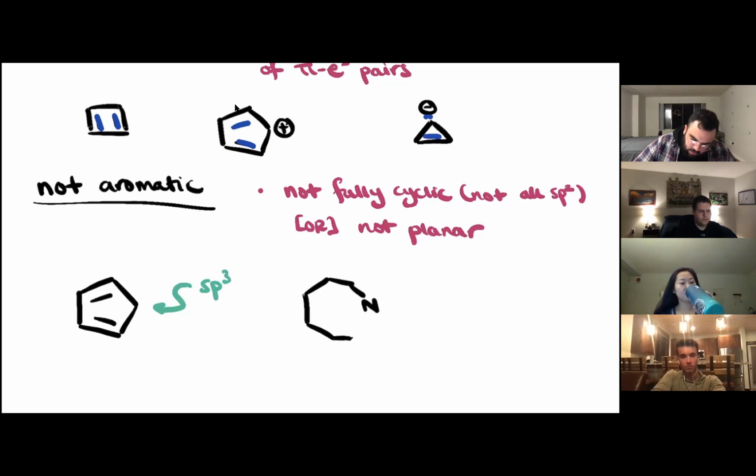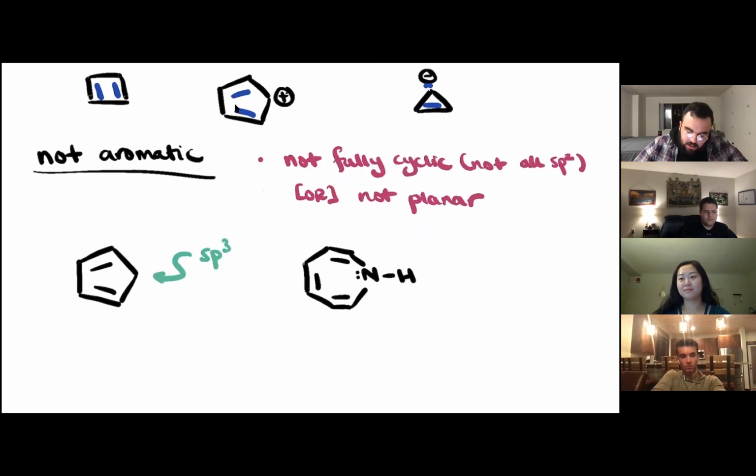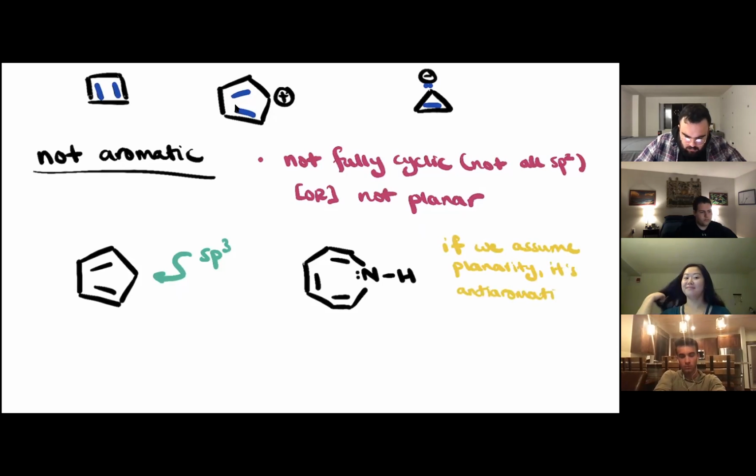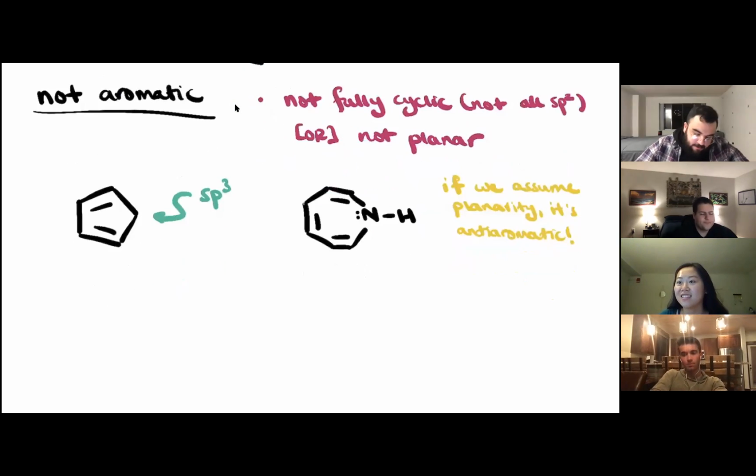And this is a bit of an interesting example, this one right here. If we assume planarity, it's anti-aromatic. Okay, but let's say we don't assume planarity. This molecule is actually not planar.